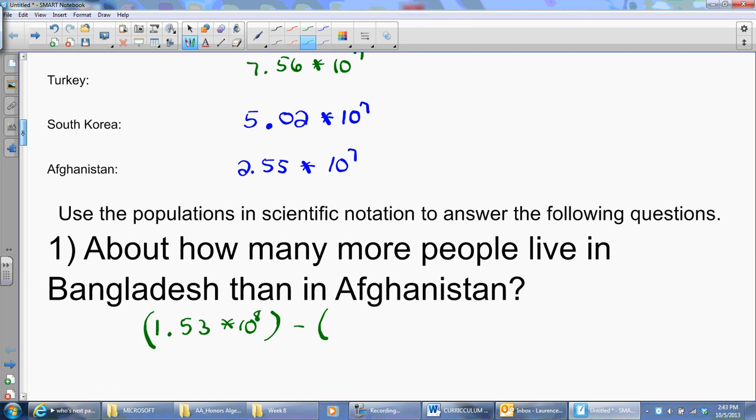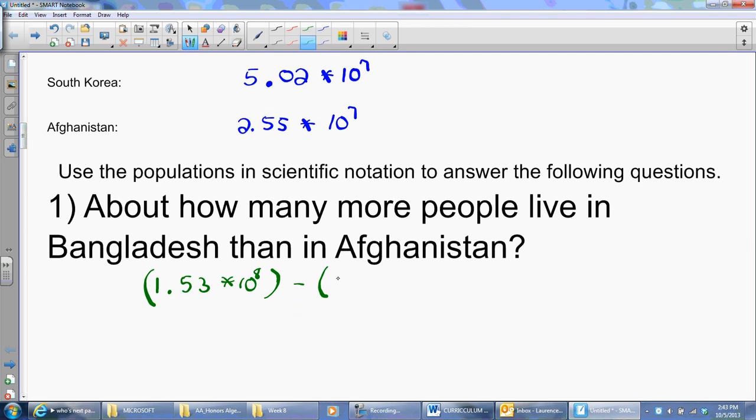It's going to be 2 and 55 hundredths. Now, some of you are going to be thinking that we're going to get a negative answer, but we're not. Just because the decimal is smaller for Bangladesh, it is not a smaller number because we're multiplying by a bigger power of 10.